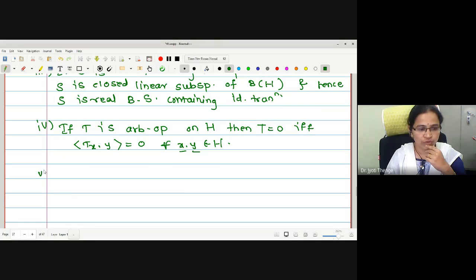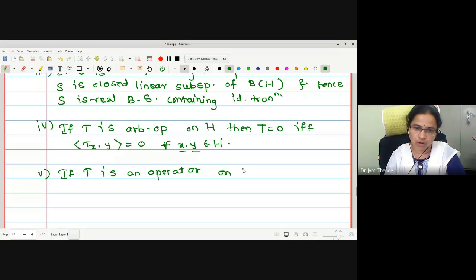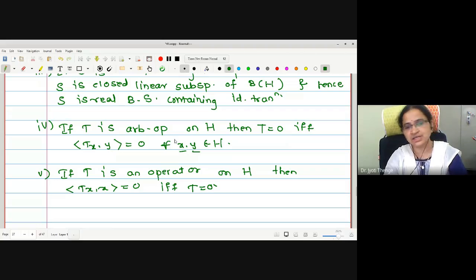Or one can write one more property: if T is an operator on a Hilbert space H, then the inner product of Tx with x is equal to 0 if and only if T is equal to 0. This is like a subcase of the previous statement.